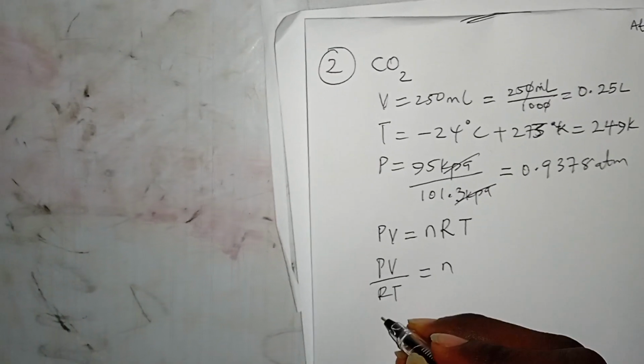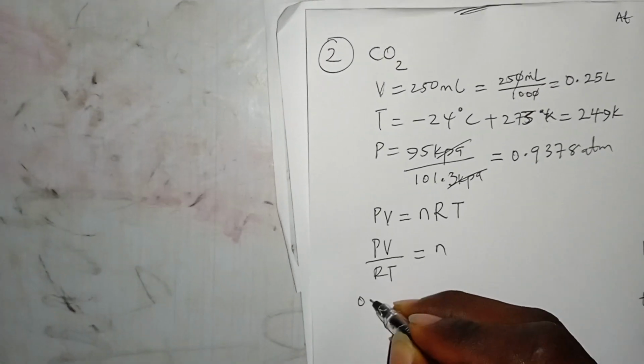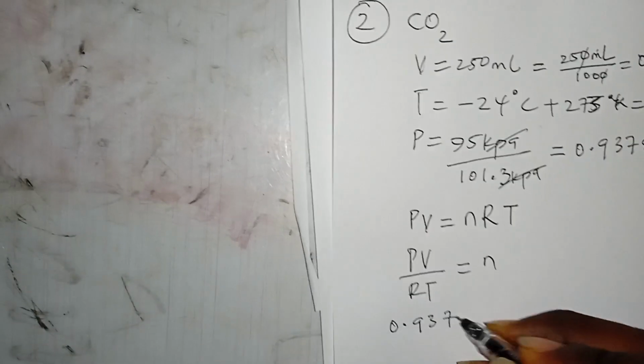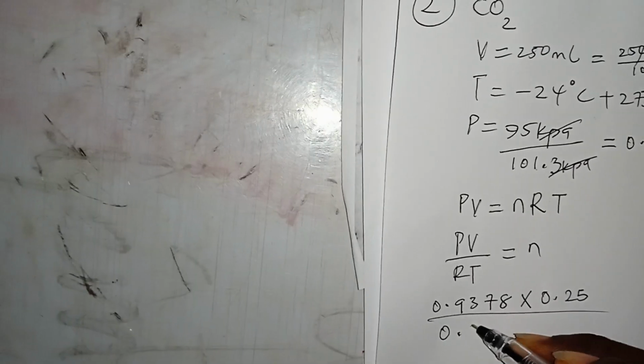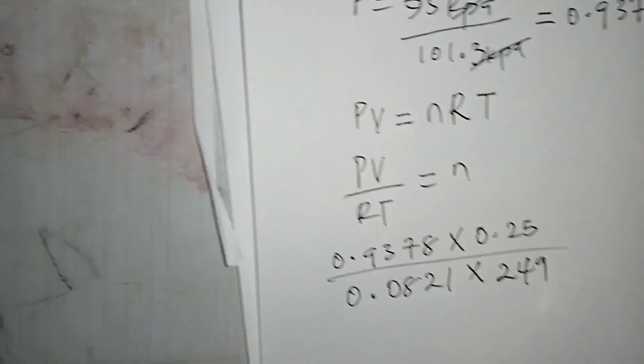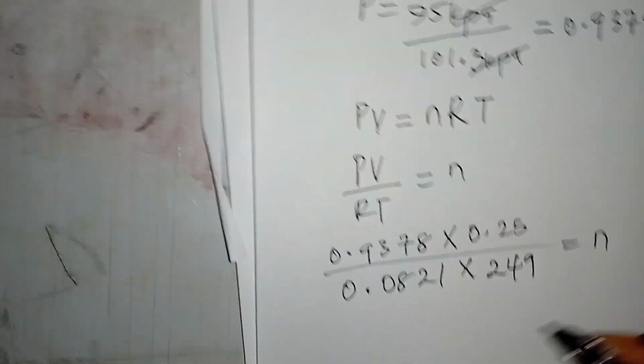So substituting, I now have 0.9378 times 0.25 all over 0.0821 times 249. So by the time you punch it, you have that this equals N mole.